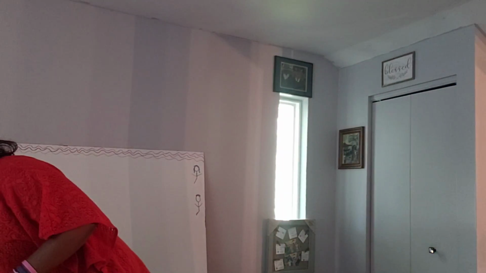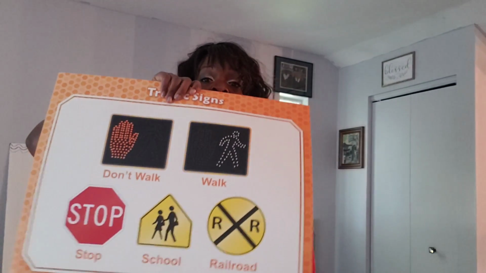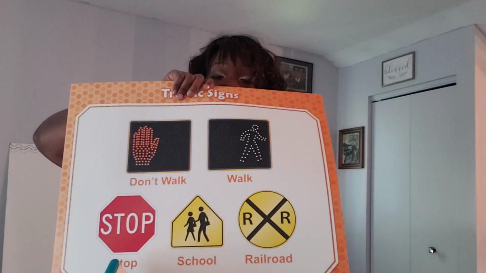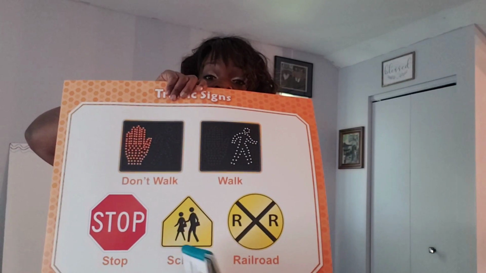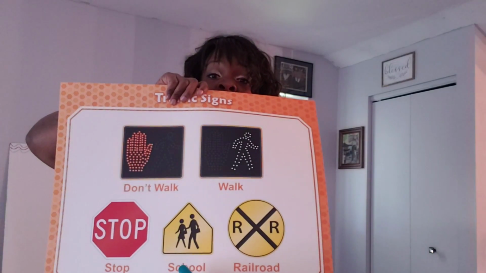That's very important. Then you learned about some traffic signs. And remember, we had our do not walk and walk signs, a stop sign, and we know what a stop sign looks like, the octagon with stop, the school sign. This is the sign that shows that there's a school nearby, so people need to slow down.